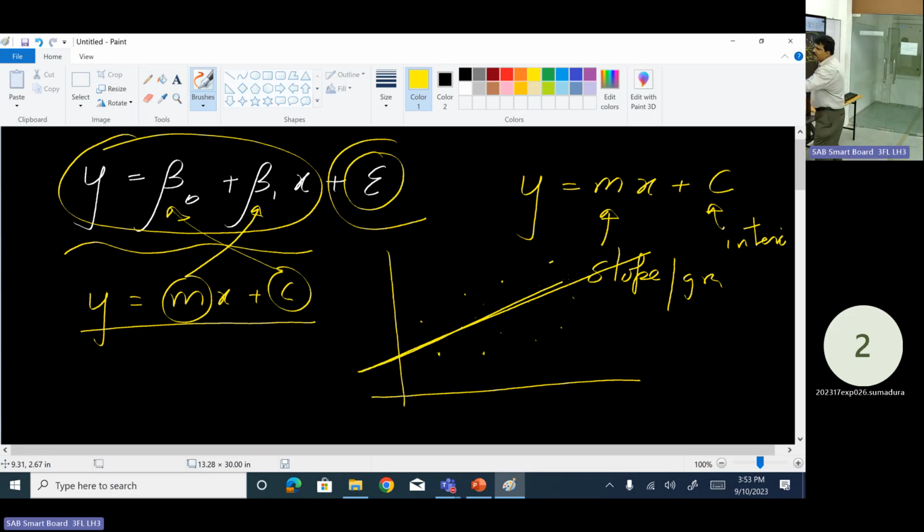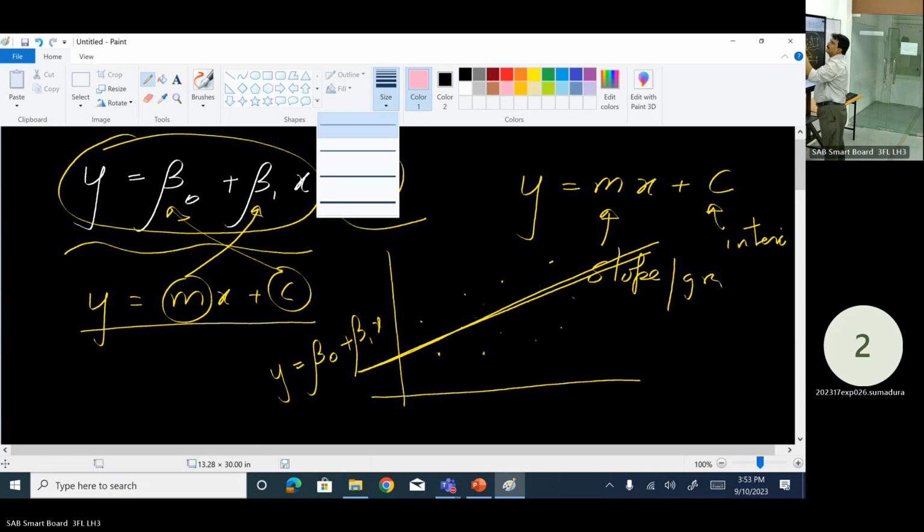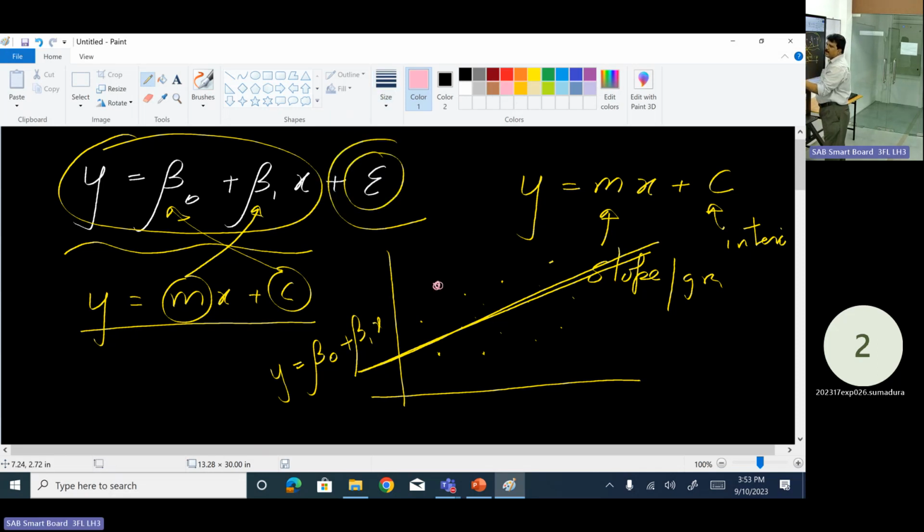This line is represented by y equals beta naught plus beta 1 x. The data points may be one here, one there. Some points may be on the line, some above the line, some below the line. If you take the actual y value, the actual y is this much.